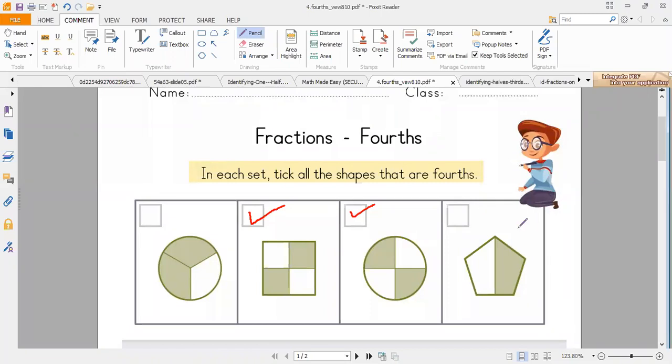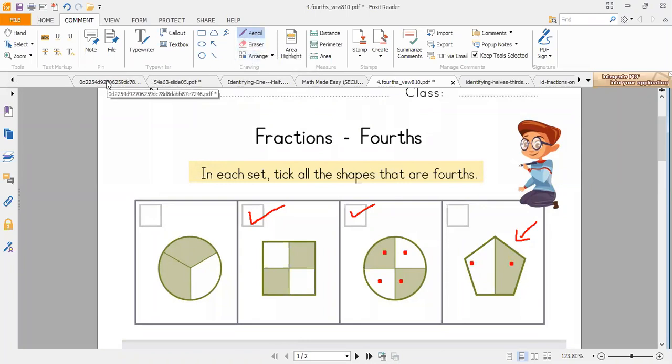Do you know the name for the last one? Fourths? No. We said the shape with 4 equal parts is called fourths. The shape with 2 equal parts is called what?